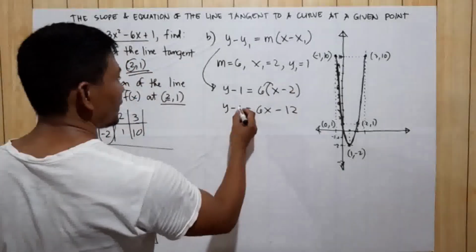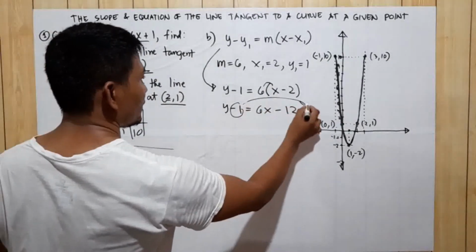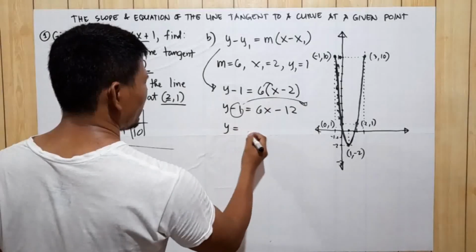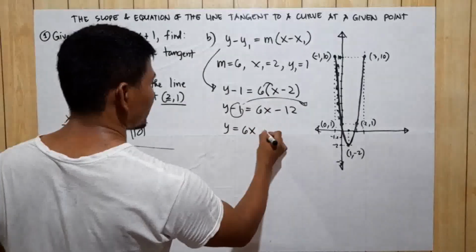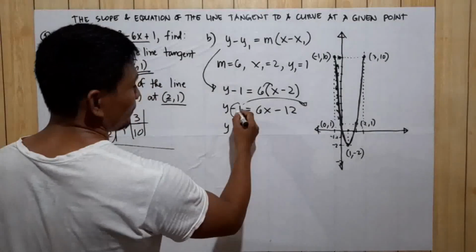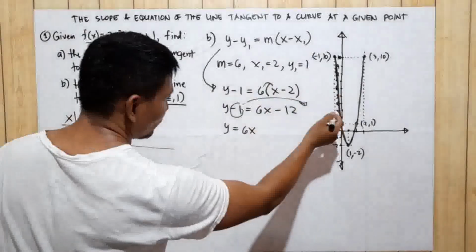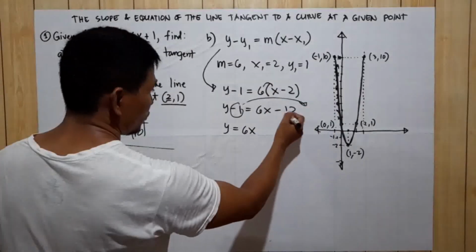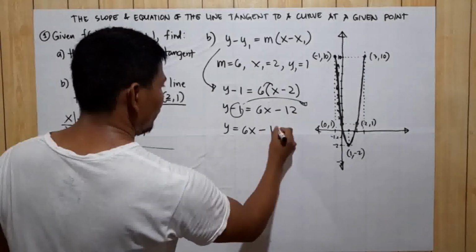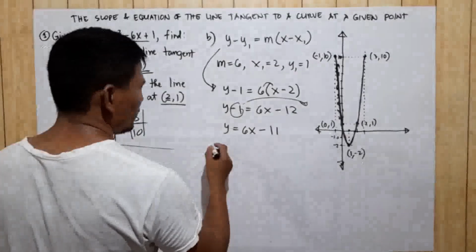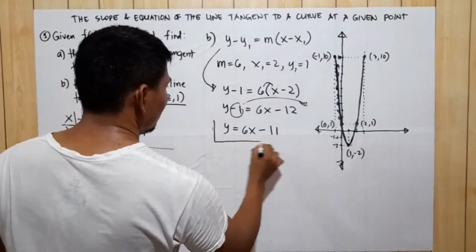So, simplifying, pag nilipat po natin itong negative 1 sa kabila, magiging y na lang po siya. At sa kabila naman po, meron tayong 6x. Dapat minus 12, ngunit nilipat natin itong minus 1, magiging plus 1 po siya. So, 1 less itong negative 12 natin, magiging negative 11. So, ito po yung equation ng ating line.